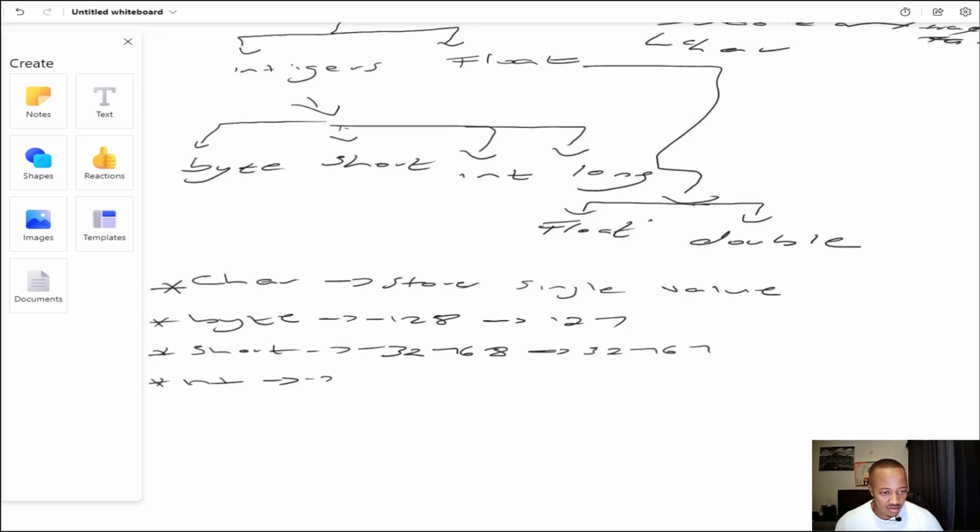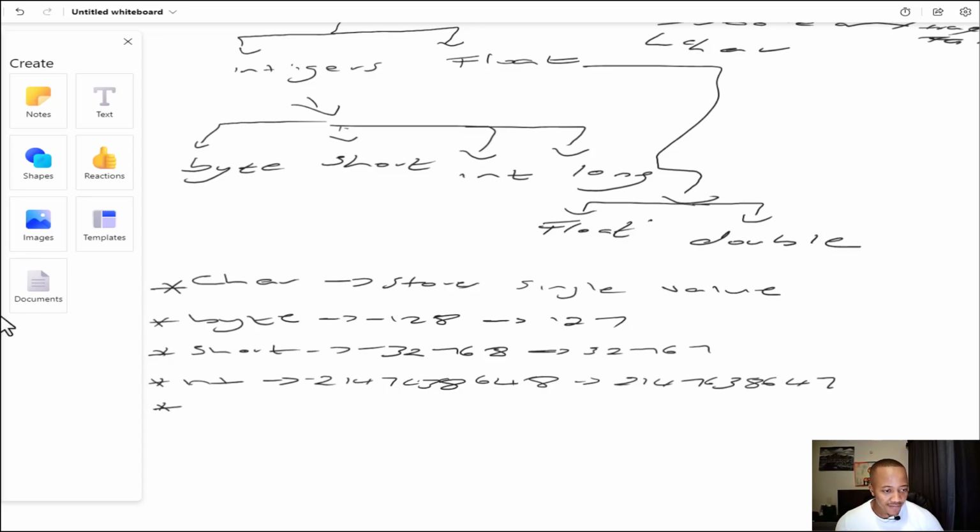So it will be minus 2,147,483,648 to positive 2,147,483,647. Okay, so if you can check, int is much greater than short. Short is also greater than byte.